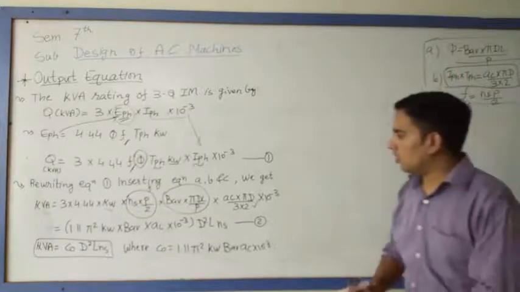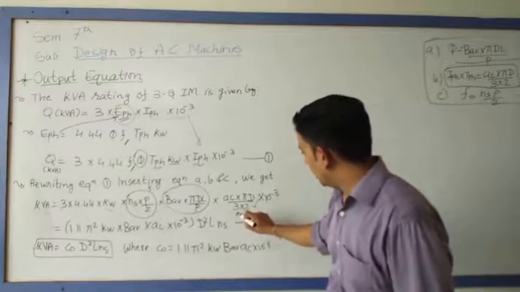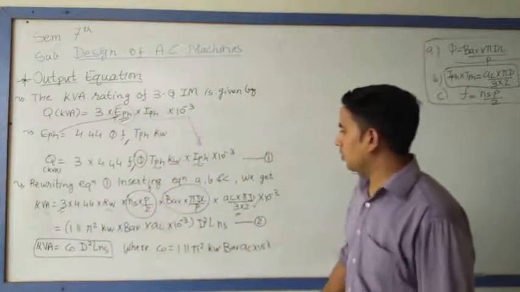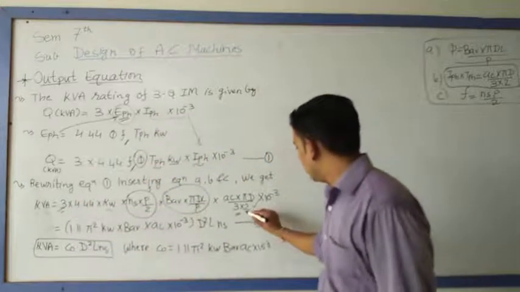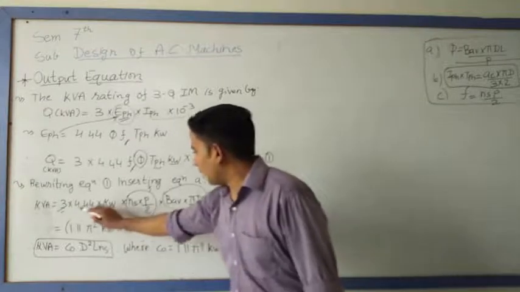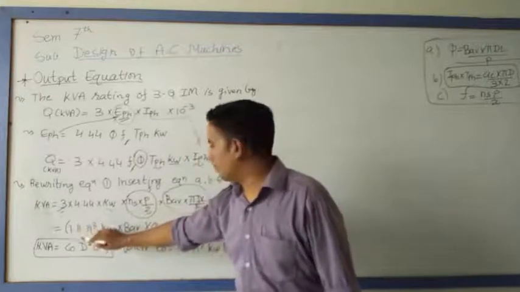Now cancelling out the common terms, 3 in numerator and 3 in denominator are going to cancel out. 2 into 2 means 4. 4.44 divided by 4, what we will get? 1.11.